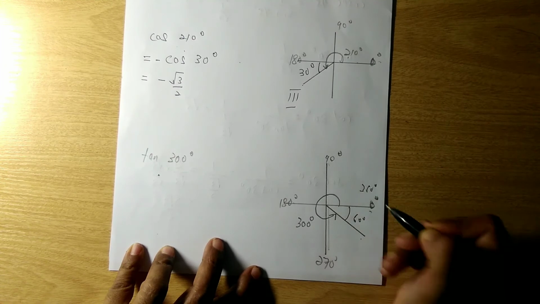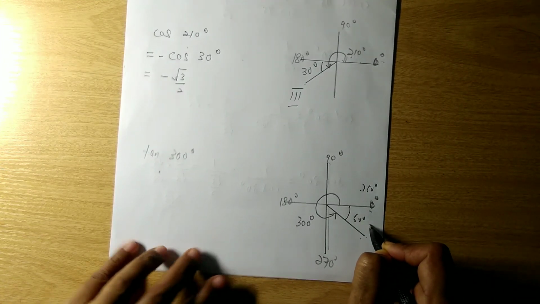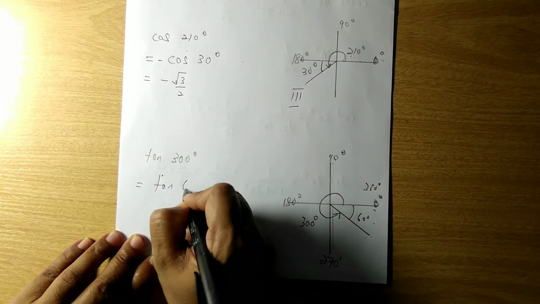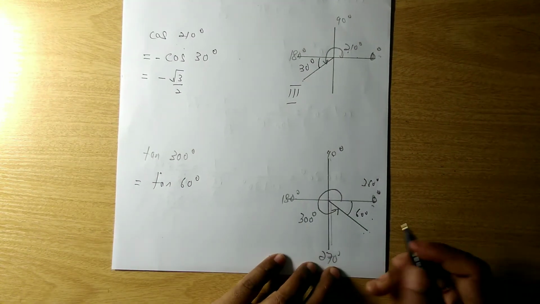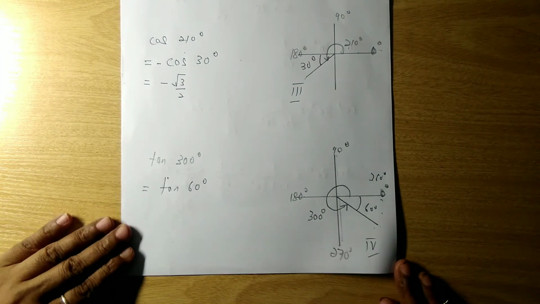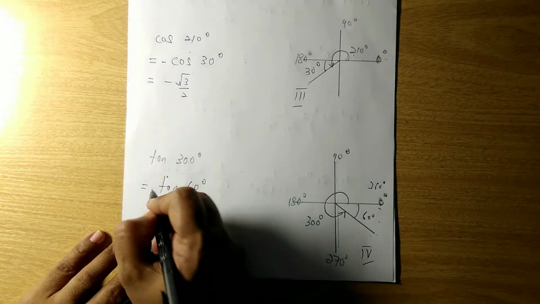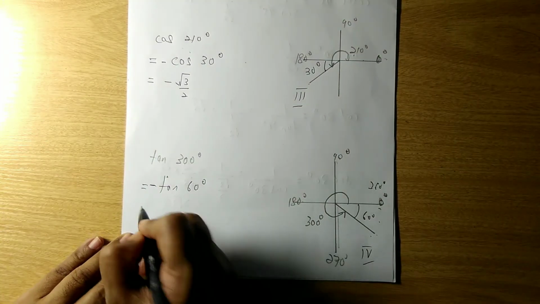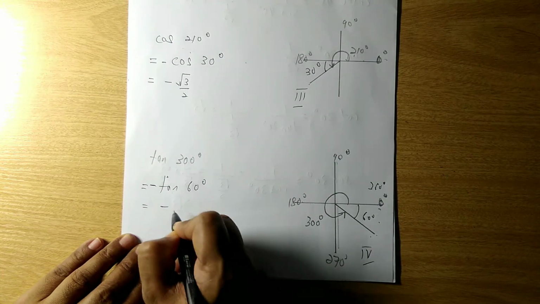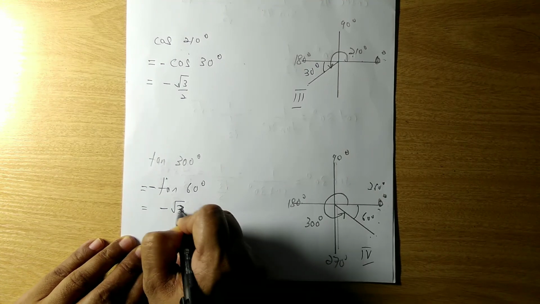Okay, so this is equivalent to tangent 60 degrees. Now this is my fourth quadrant. In my fourth quadrant, tangent is actually negative. So we add on a negative. So tangent 60 negative, this is negative square root of 3. Alright? Okay, so these are some of the questions which can be solved without using calculators.